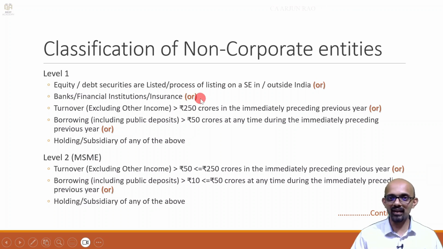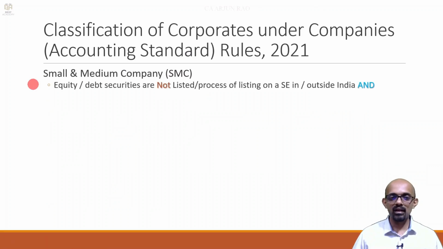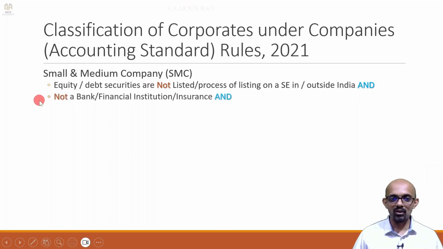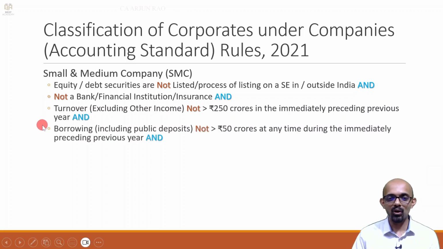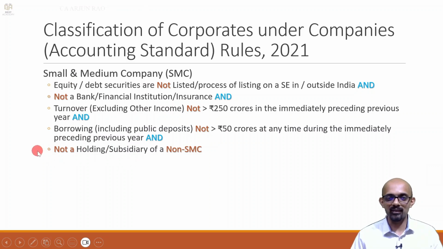So let's look at the criteria for SMC: equity or debt security is not listed, and not a bank or financial institution or insurance entity, and turnover not greater than 250 crore, borrowing not greater than 50 crore, not a holding or subsidiary of any of this. That means not a holding or subsidiary of non-SMC.